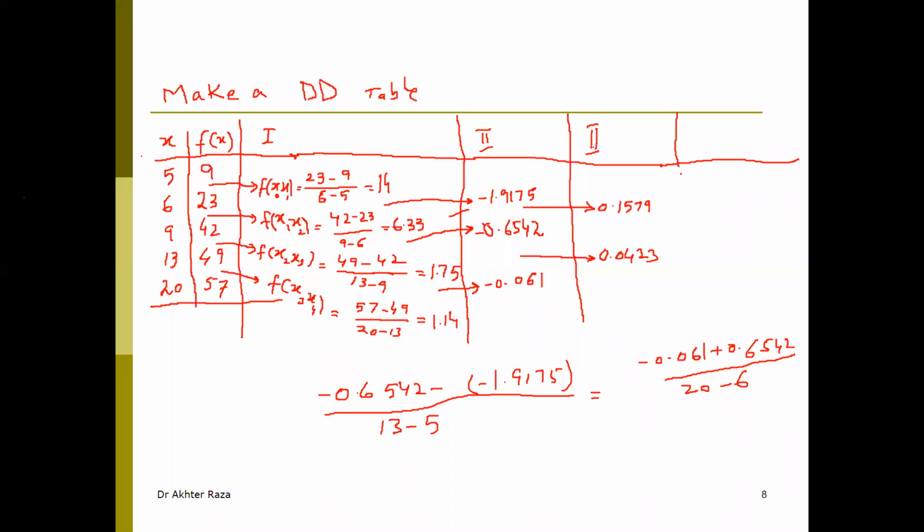In this table, the third order divided differences entry can be computed by erasing these things first, because these are the previous calculations.